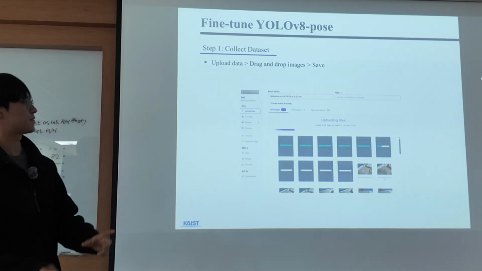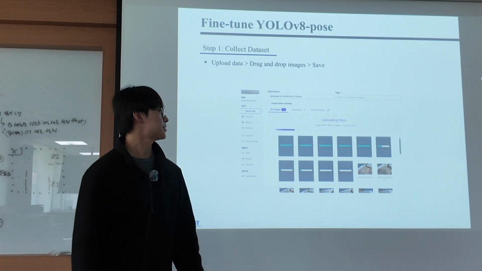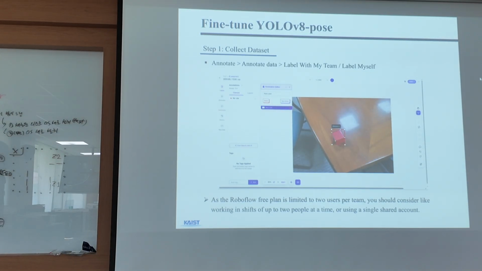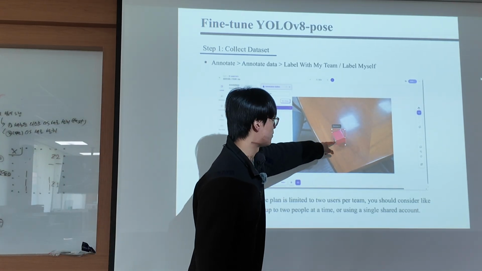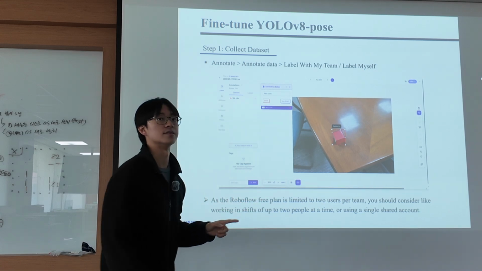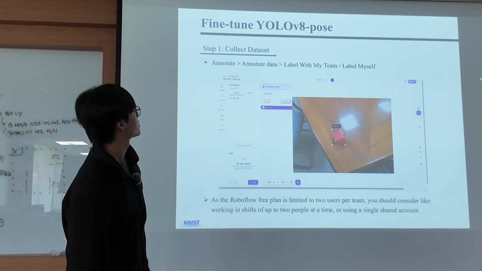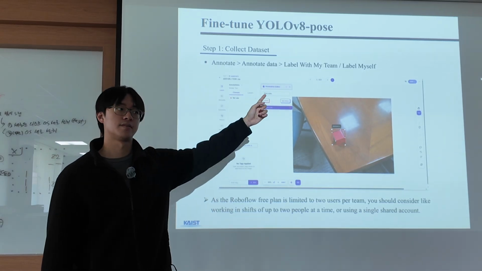After taking photos, drag and drop the images and save. Then you should manually label this dataset to match the original position of the top side. To do that, go to annotate data and choose label with my team or label myself.